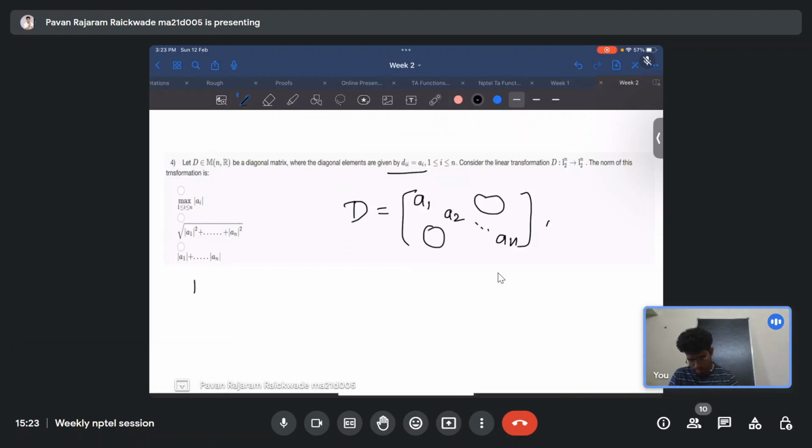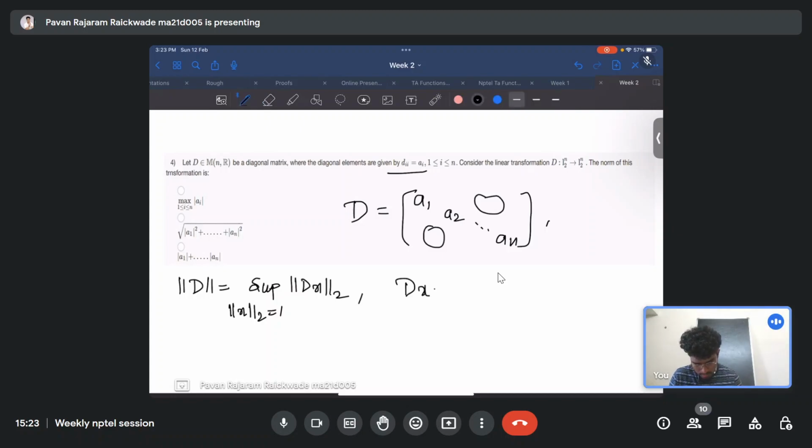Okay, so what is the same formula? What will be the norm of D? It is the supremum of the 2 norm of Dx over all x such that norm x 2 is 1. What is Dx? We don't consider the norm for the moment.